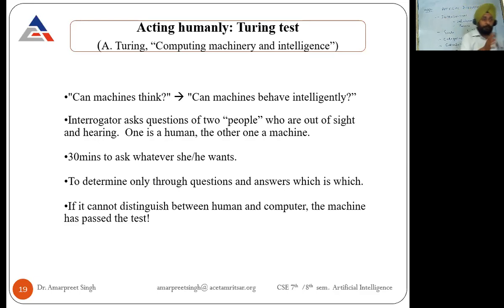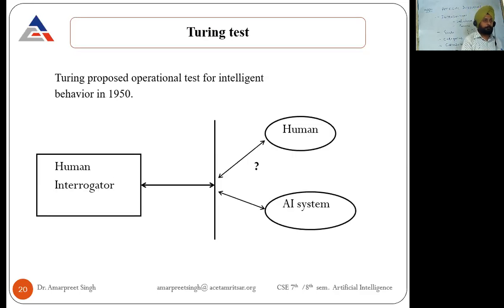I hope you have understood this Turing test. It is a very, very important test of the artificial machine, to test whether it is acting like a human or not.